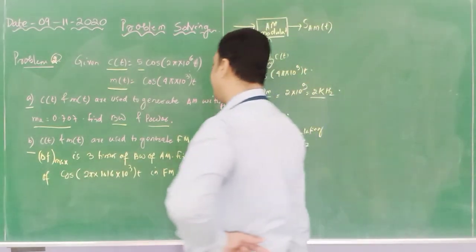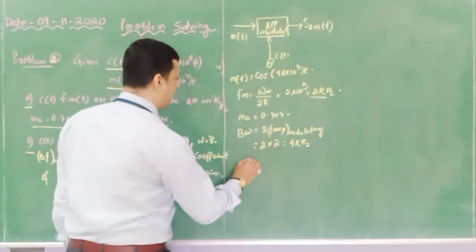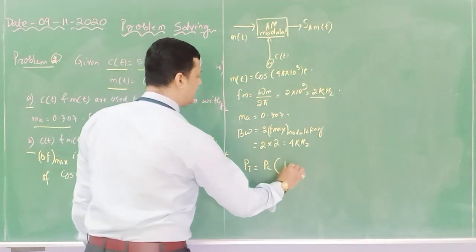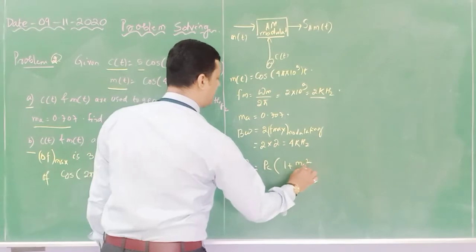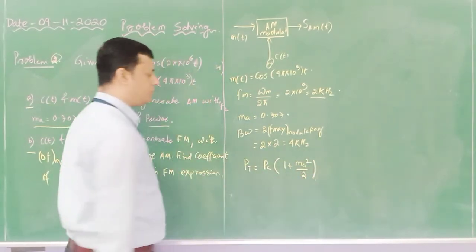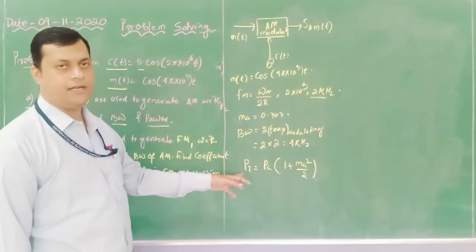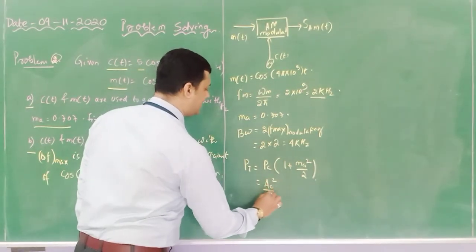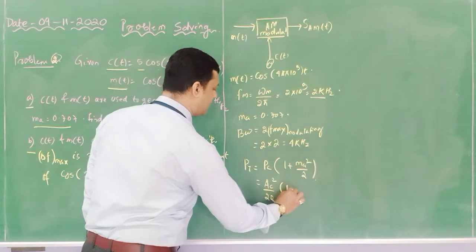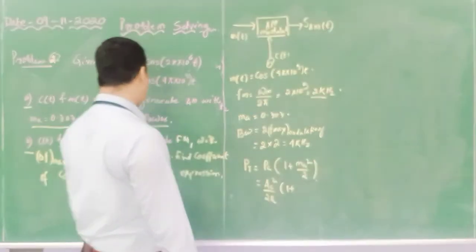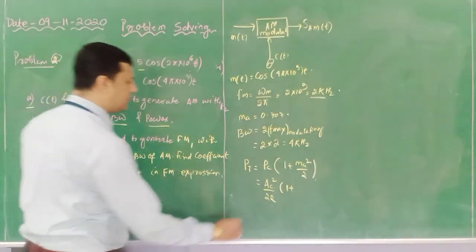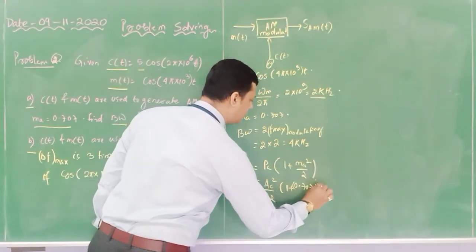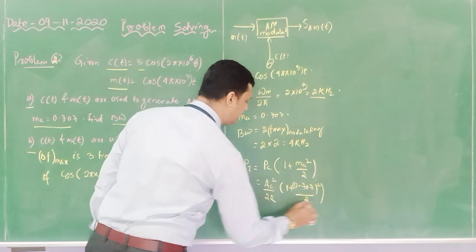Next we have to determine the power. The transmitted power is Pc times 1 plus ma square divided by 2. This is my AM transmitted power. Pc is nothing but Ac square divided by 2R. ma is 0.707, so it is 1 plus 0.707 whole square divided by 2.